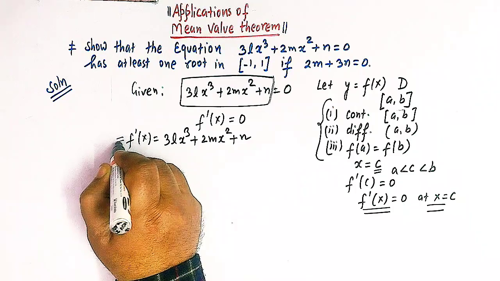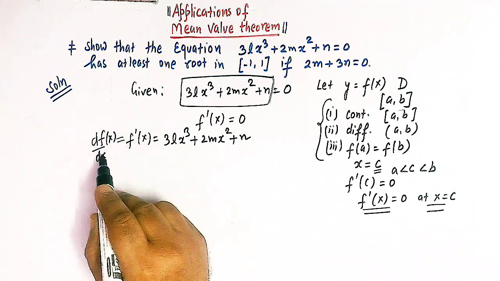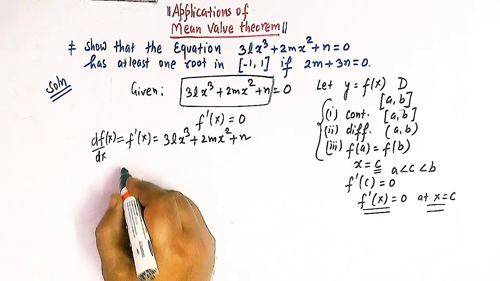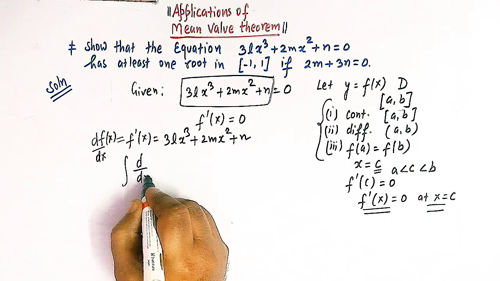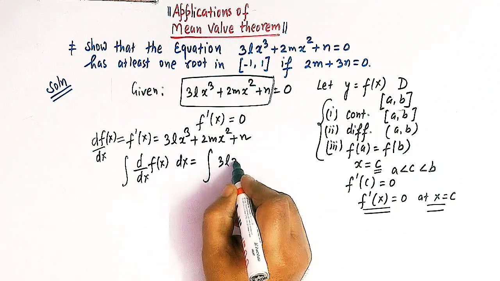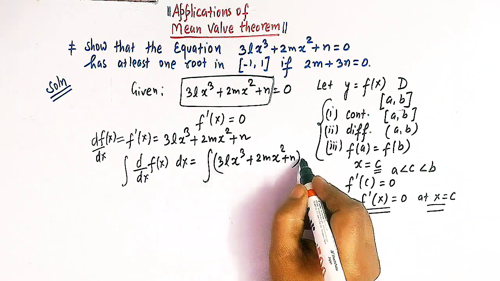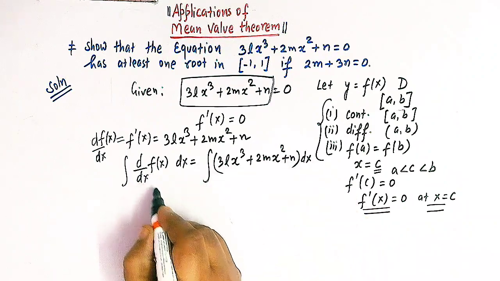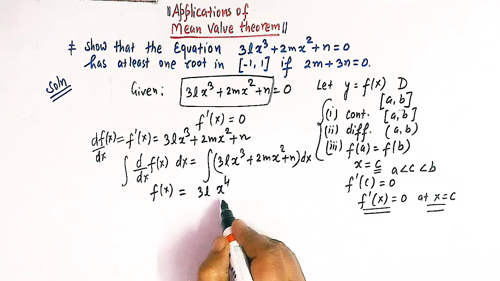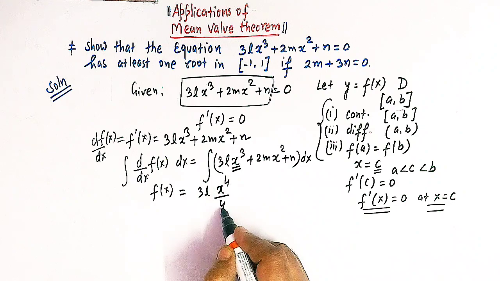Now f prime of x can be written as df over dx, and we can now find the function by integrating both sides with respect to x. Integrating both sides, we have the integral of 3l x cube plus 2m x square plus n dx. This side is simply f of x, and here we have 3l x raised to 4 over 4, because the integral of x cube is x raised to 4 over 4.